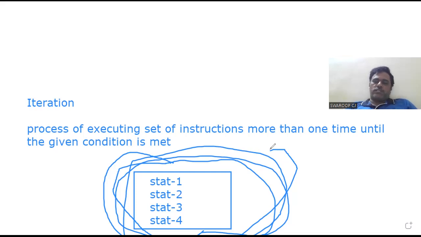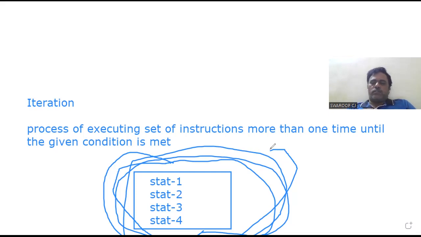To avoid this, we will use the concept of iteration. Iteration is the process of executing a set of instructions, maybe one instruction, two instructions, or 10 instructions, more than one time. One time doesn't require iteration. If you want a second time, you need to write the same code again.